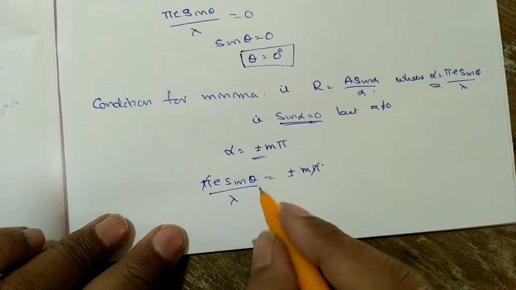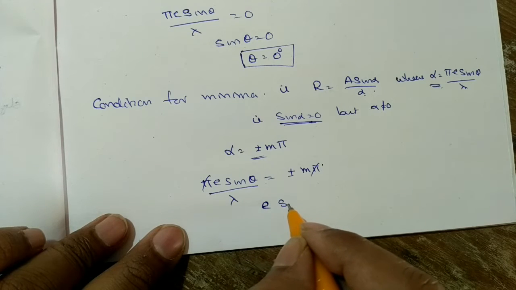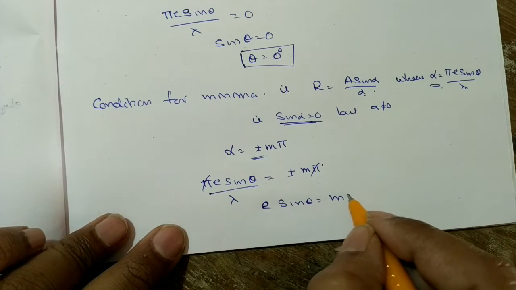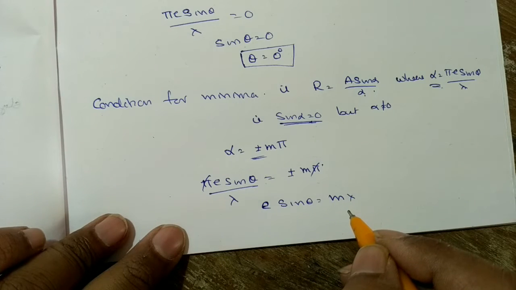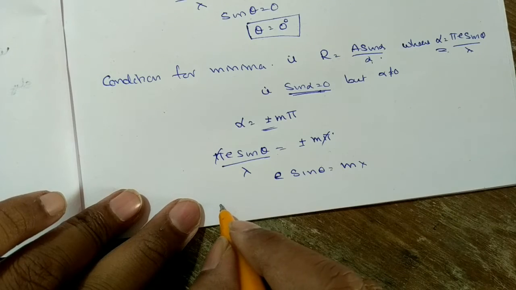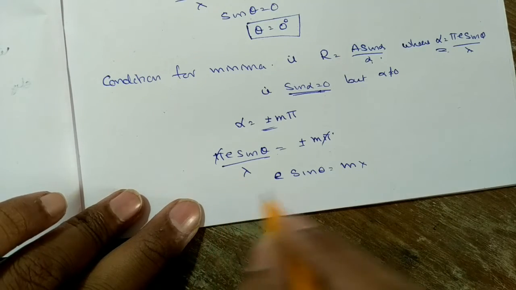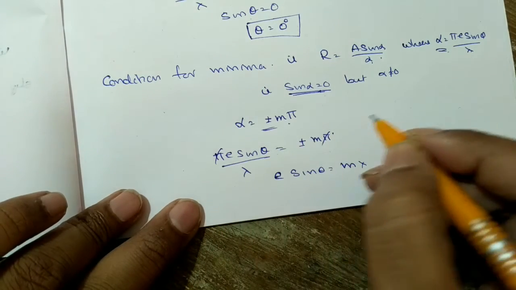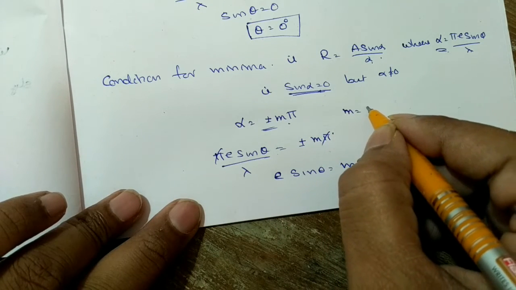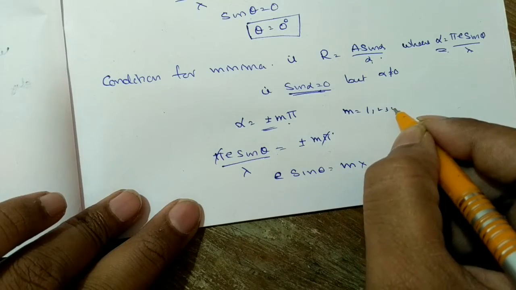Pi and pi get cancelled, that is a sin theta is equal to m lambda, where m gives 1, 2, 3, 4 and so on.